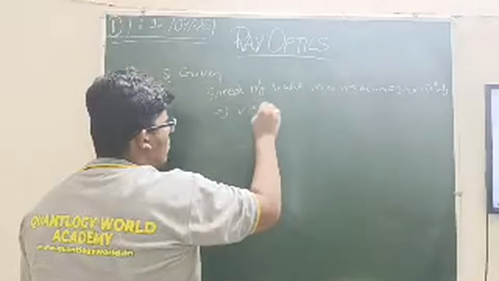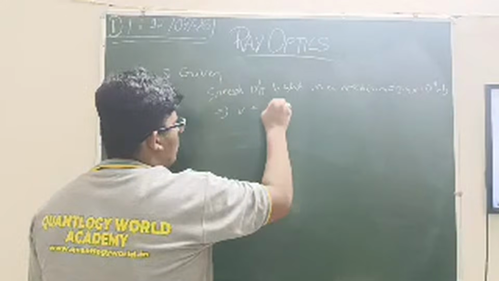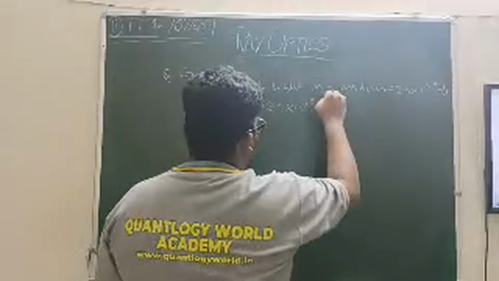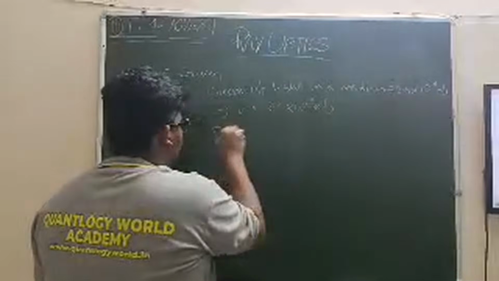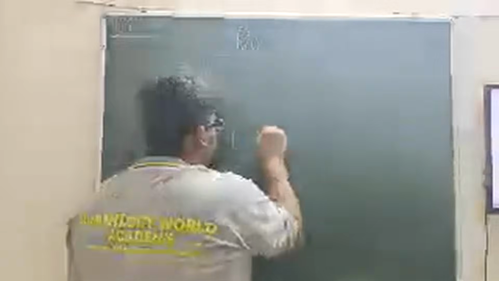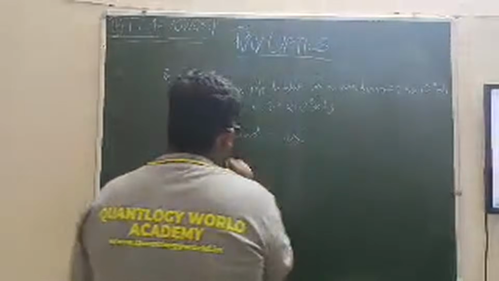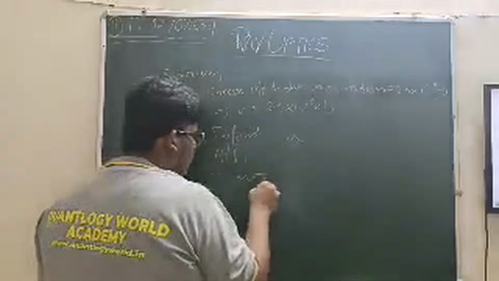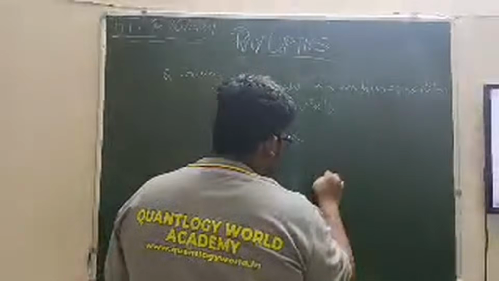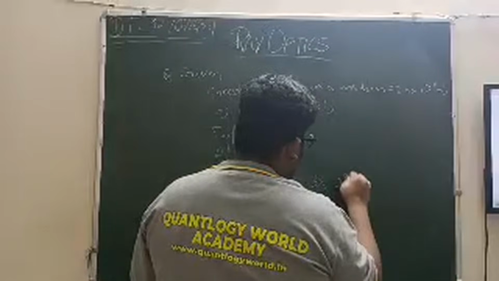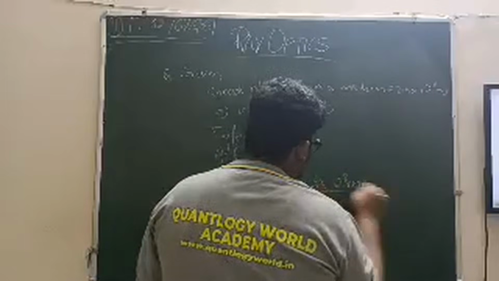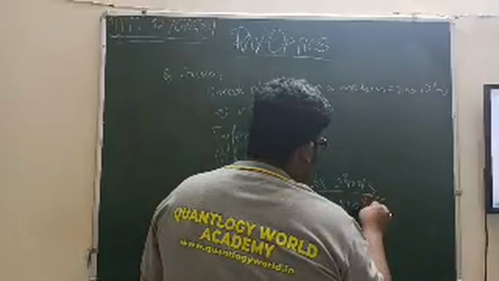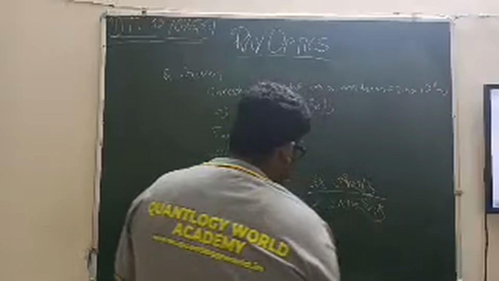Implies that v equal to 2.5 into 10 to the power 8 meter per second. To find mu, according to the formula, mu equal to c by v. The value of c is 3 into 10 to the power 8 meter per second divided by 2.5 into 10 to the power 8 meter per second.